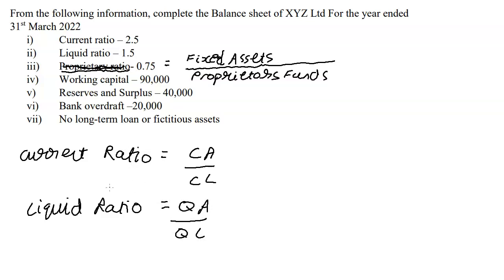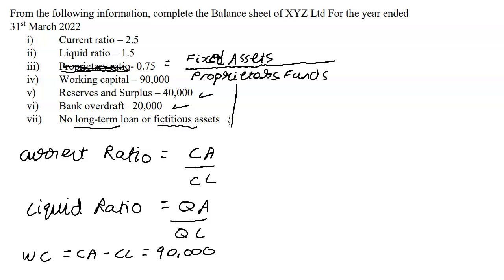Then we've been given the fixed assets to proprietary funds ratio, which is 0.75. Working capital is equal to current assets minus current liabilities, which is equal to 90,000. Then we've been given reserves and surplus and bank overdraft, which we can directly put in the balance sheet. They've also told us that there is no long-term loan or fictitious asset.